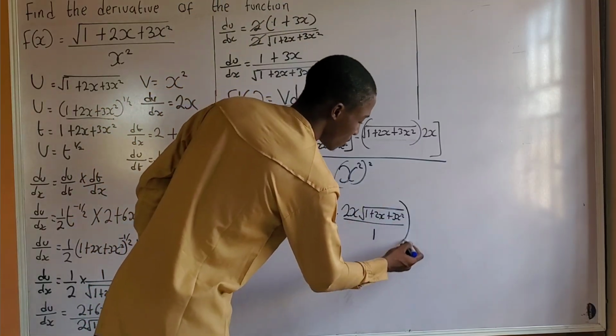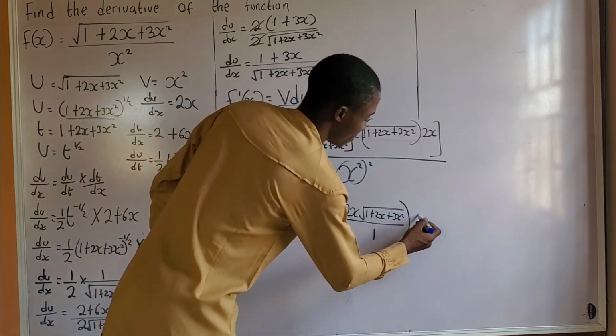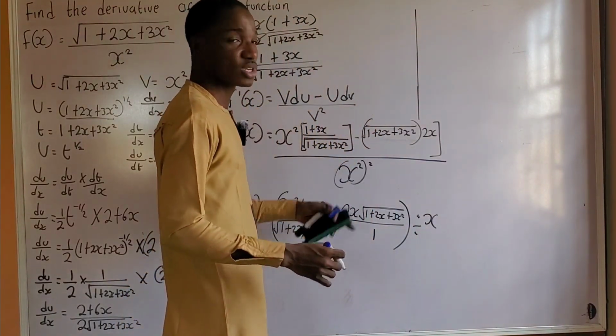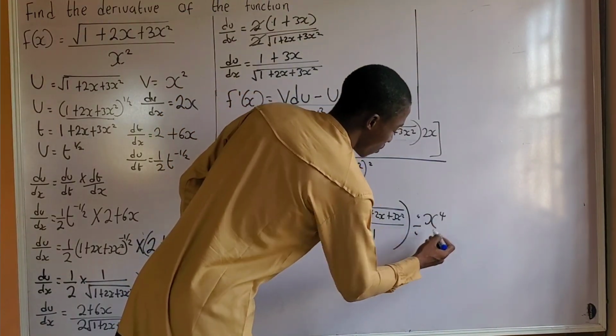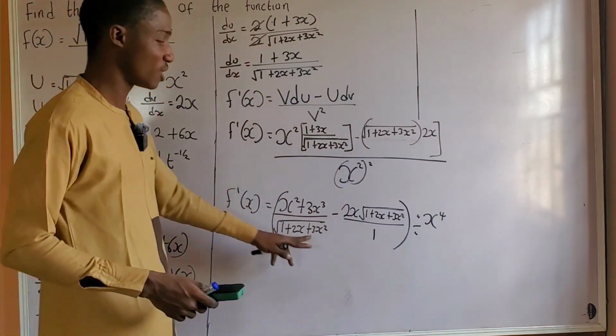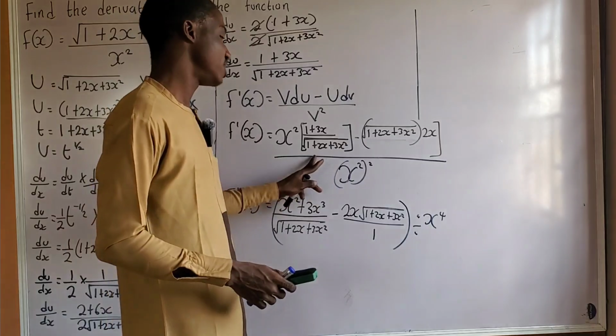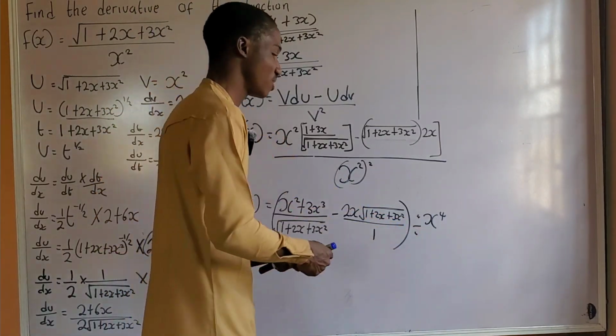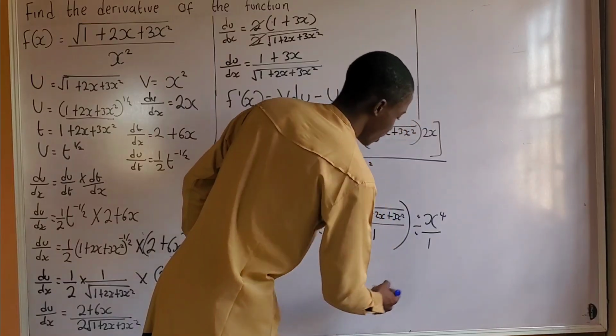So I'm going to put all this into a bracket, divided by x raised to the power of, now, 2 times 2 will give us 4. So I'm going to have x raised to the power of 4. Do you understand? The numerator is what we have here. The division sign is here, while the denominator is here. So let us put x to the power 4 over 1.